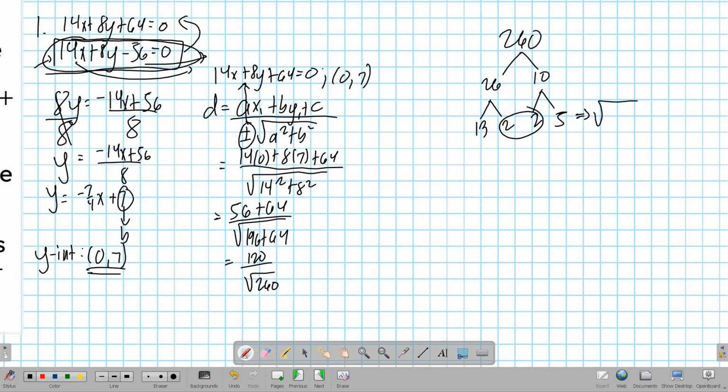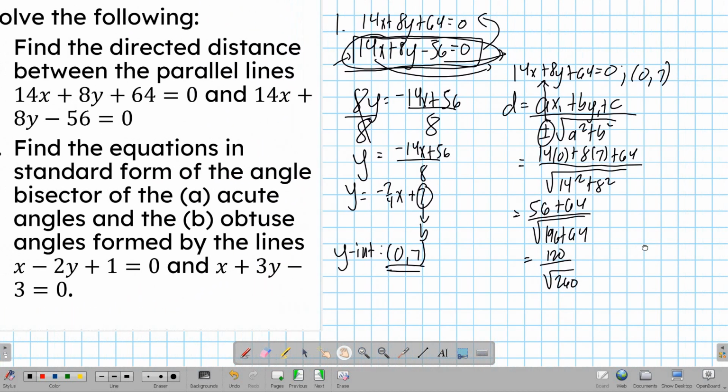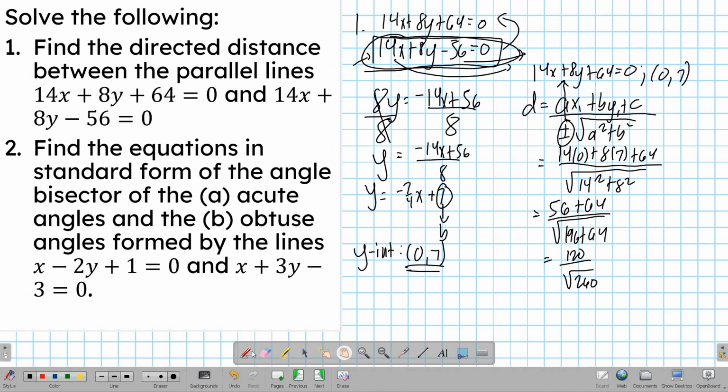So, the square root of 260 will become the square root of 2 squared times 5 times 13. So, this becomes 2 square root of 5 times 13, and that is equal to 65. This is 2 square root of 65. Ayan. Nasolve na natin yung square root of 260 by hand. So, tuloy natin siya dito. So, this becomes equal to 120 over 2 square root of 65.